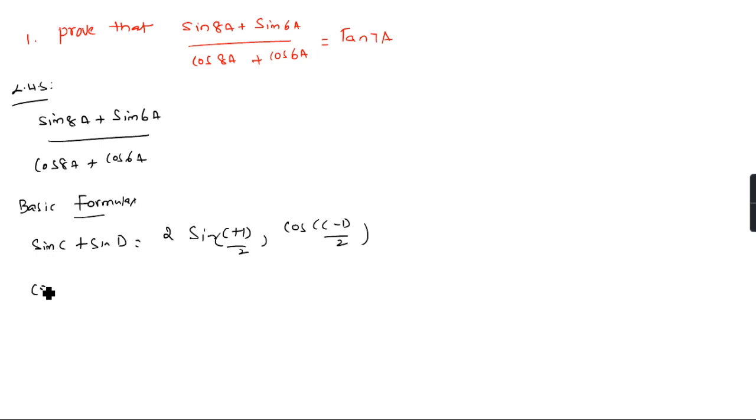And next, cos c + cos d. If both are cos, the formula is 2 cos((c + d)/2) cos((c - d)/2).